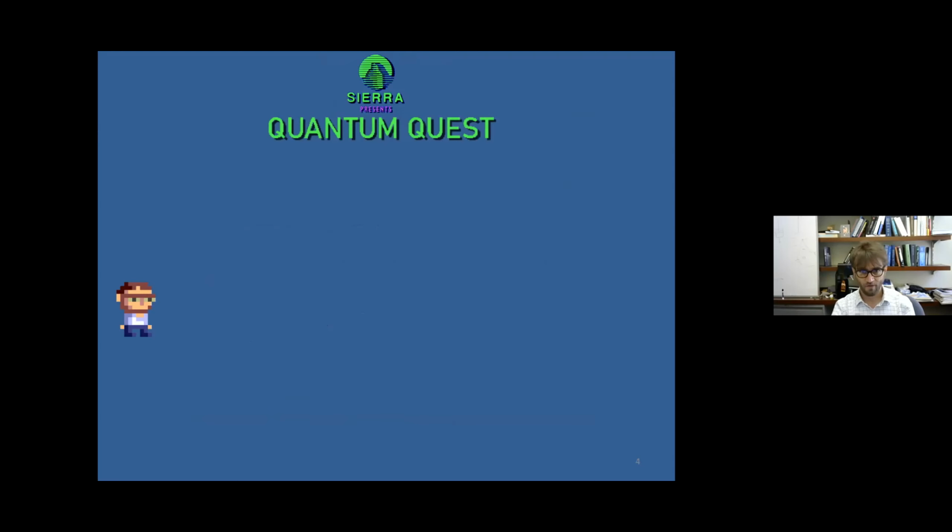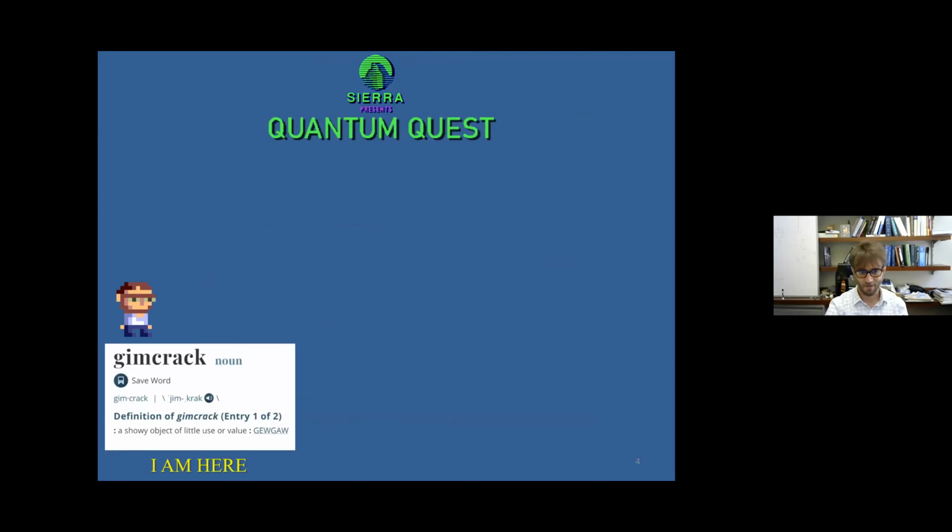So a framework for talking about this is to think of a low bit game. We're in a game, we don't have very many bits, we don't have very many qubits, so here's what it is. It's a quantum quest. If any of you played Sierra games back in the day, this is the type of thing that I'm depicting here. And what we have is a showy object of little use or value, if I'm going to be super strict about this.